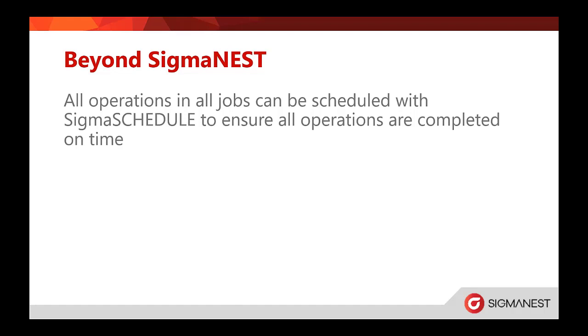So if the part is due next week and it would take a couple days for the part to be bent and painted, as well as programmed, then it will ensure that the due date placed within SigmaNEST is an appropriate deadline for the programmer to make sure that the program is ran at the machine, so it does have enough time to be painted and bent prior to being delivered, and not the work order typical due date that we may see, where the due date is going to be related to the actual delivery date of the parts.